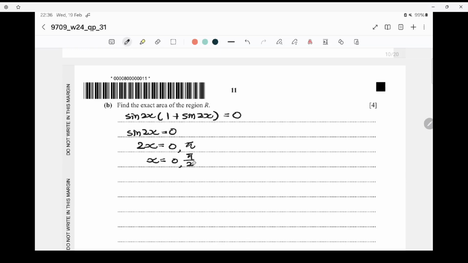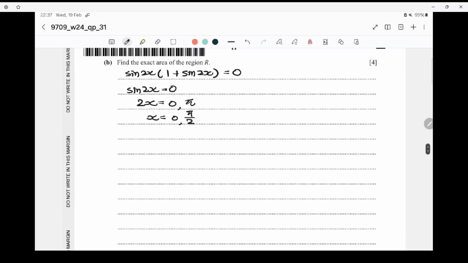So 0 obviously is not accepted because we already saw where the 0 is. So over here, this one is being rejected. This one actually is being accepted.